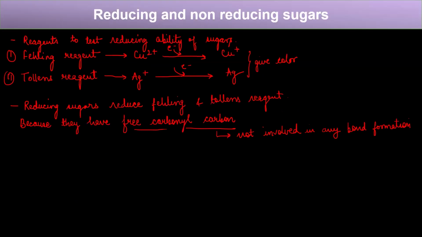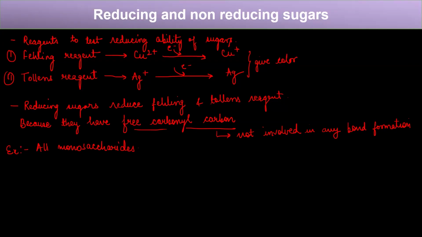So the examples of reducing sugars are all monosaccharides. Why? Because in these monosaccharides the carbonyl carbon is free, as it is not involved in any kind of bond formation, and hence these are reducing sugars.